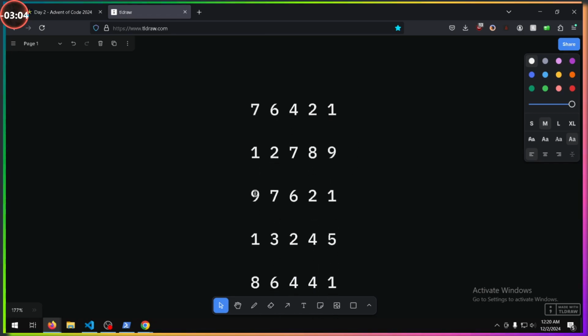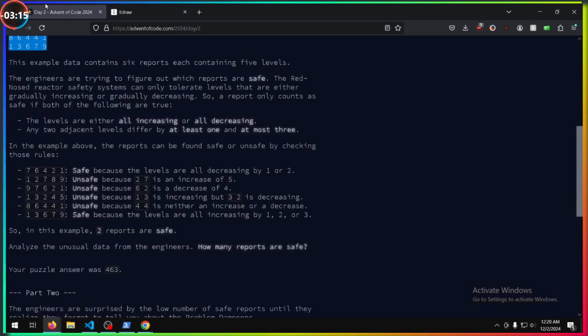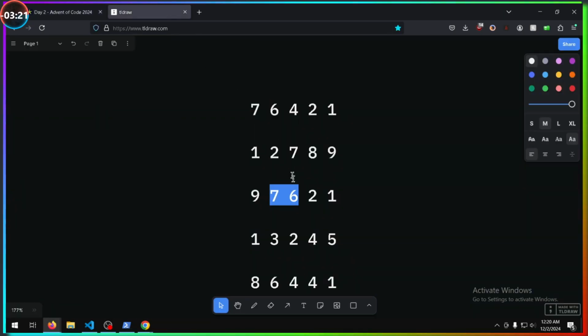Then we go for the second one, from 9 to 7, an increase of 2, but then from 7 to 6, this is not an increase of 1, 2, or 3, this is a decrease, which according to the rules, you can only be going increasing or decreasing. You can't change your mind and decide to go increase then decrease.